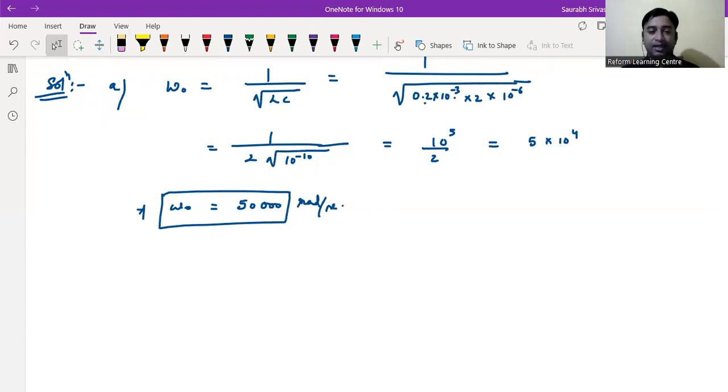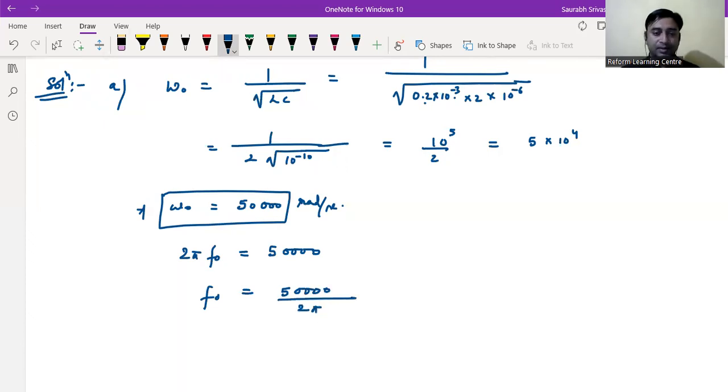आप resonant frequency भी निकाल सकते हैं. F naught will be, what is omega naught? Omega naught is 2 pi F naught. It is 50,000. F naught will be equal to 50,000 upon 2 pi. Calculator value.